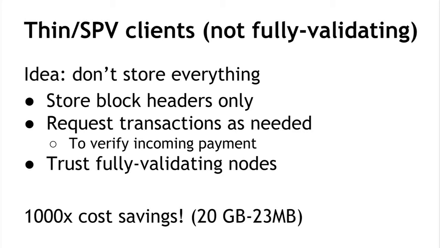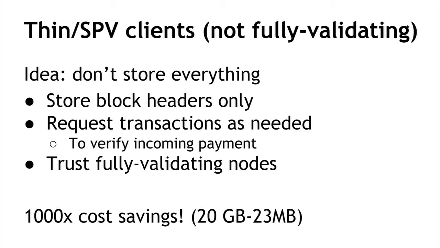They can only validate the transactions that actually affect them. So they're essentially trusting the fully validating nodes to have validated all the other transactions that are out there. So this isn't a bad security trade-off. You're assuming there are fully validating nodes out there that are doing the hard work, and that if miners went through the trouble to mine this block, which is a really expensive process, they probably also did some validation to make sure that this block wouldn't be rejected.